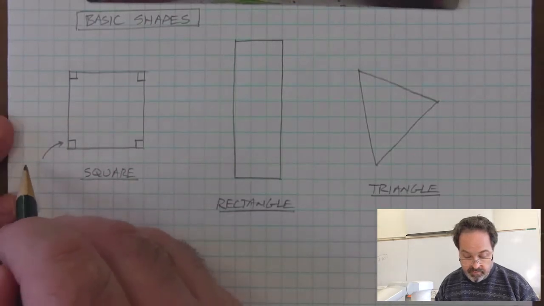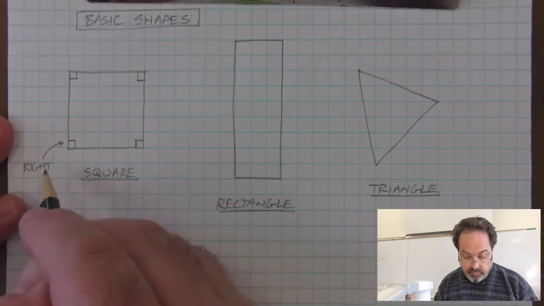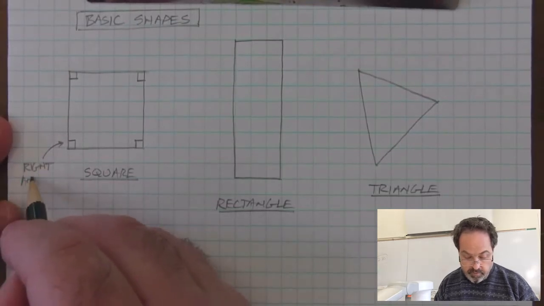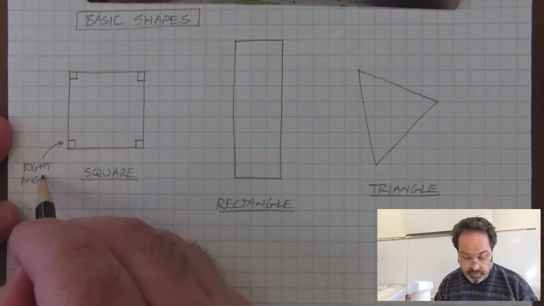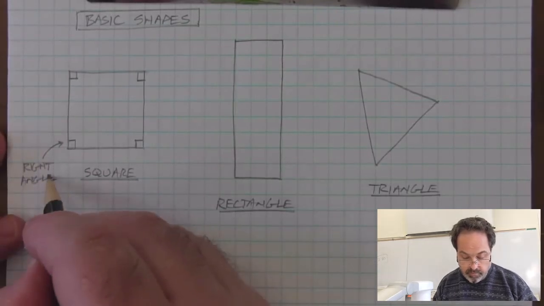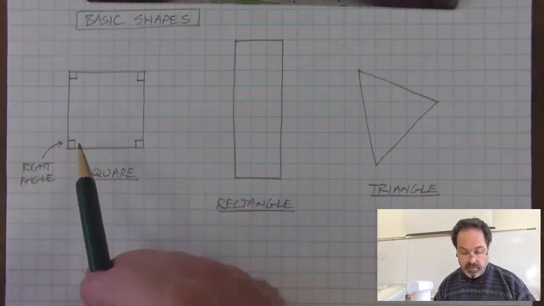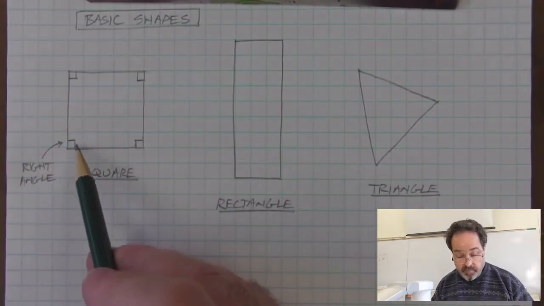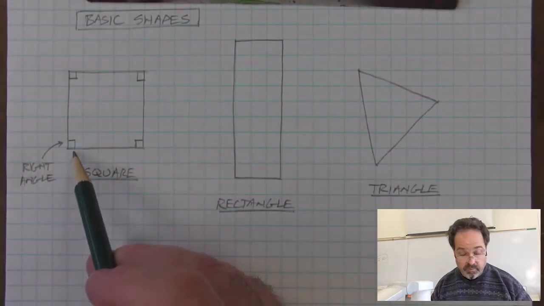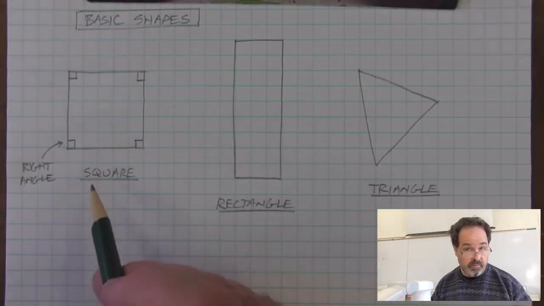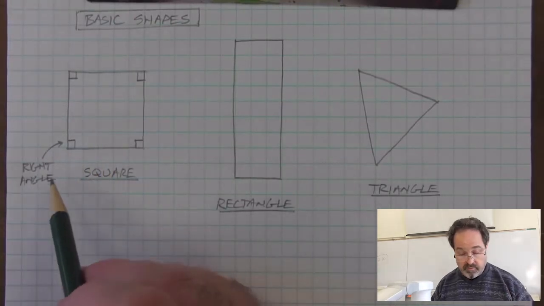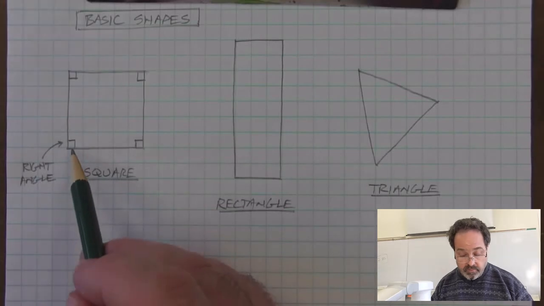If a shape has 4 angles and they are not 90 degrees, it cannot be a square. Make a note that this type of notation is the notation to say that that angle is a right angle. So it doesn't need to be spelled out if we're using the symbol for it.